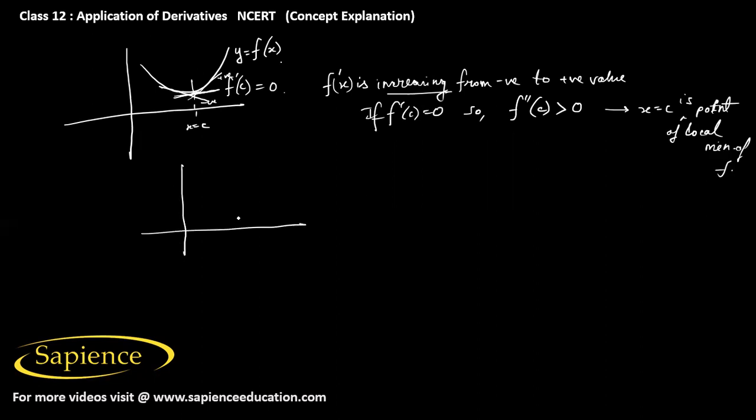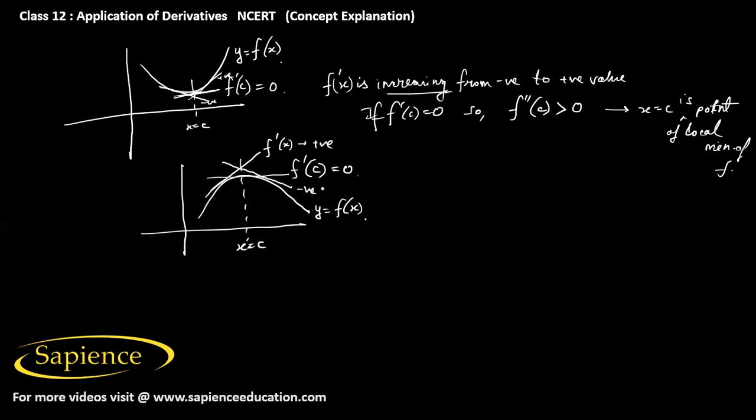And then suppose we have a graph like this. So this is the graph of y equal to f of x. At some point x equal to c, the slope is 0 here. It means f dash c is 0. And the slope of the tangent to the function, which is f dash x, is decreasing from some positive value to some negative value.